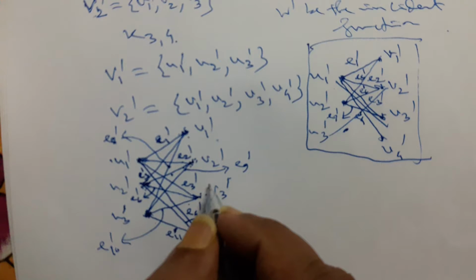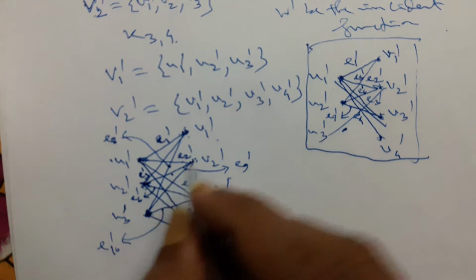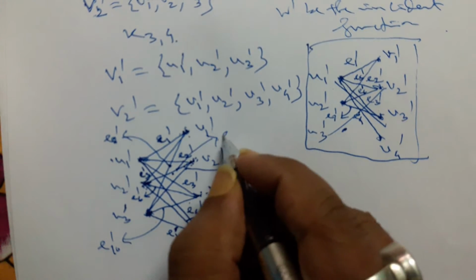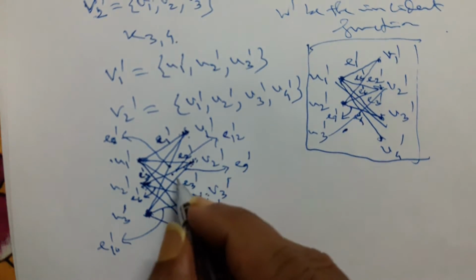Just for the sake of simplicity, this is an arbitrary name, so if we take it as e12 dash, not a problem at all.